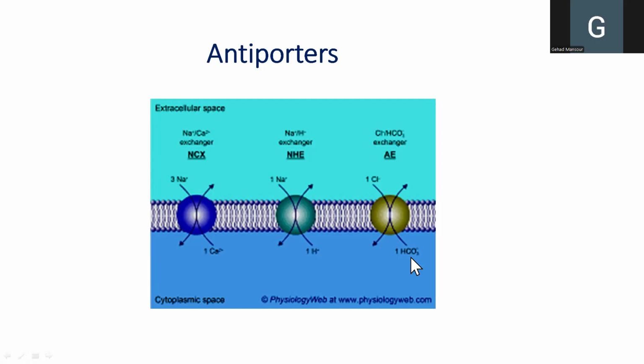The chloride bicarbonate exchanger is a passive transporter, meaning that chloride is being transported down its concentration gradient because chloride has a higher concentration extracellularly, while bicarbonate is being shifted outward again down its concentration gradient.